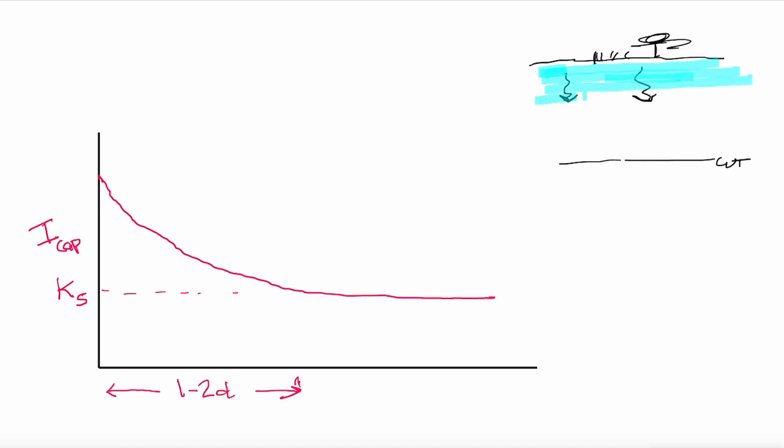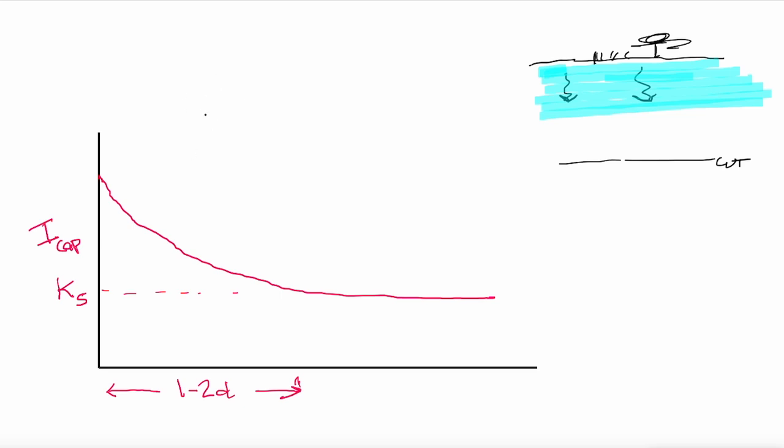This zone of saturation moves progressively downward. Eventually we hit a time when the movement of that saturated zone downward is limited by the saturated hydraulic conductivity, and so that becomes the long-term infiltration capacity.